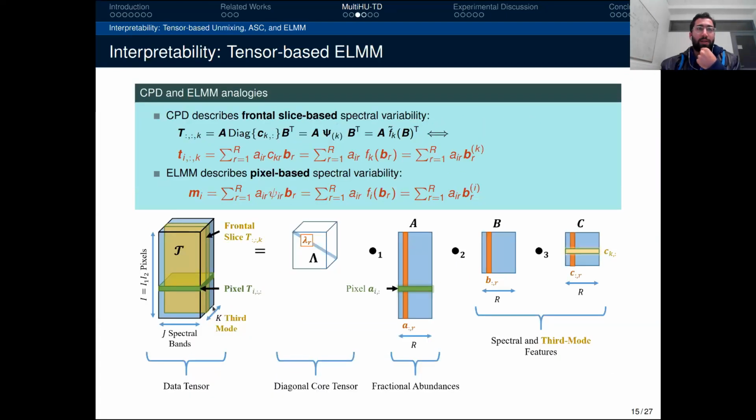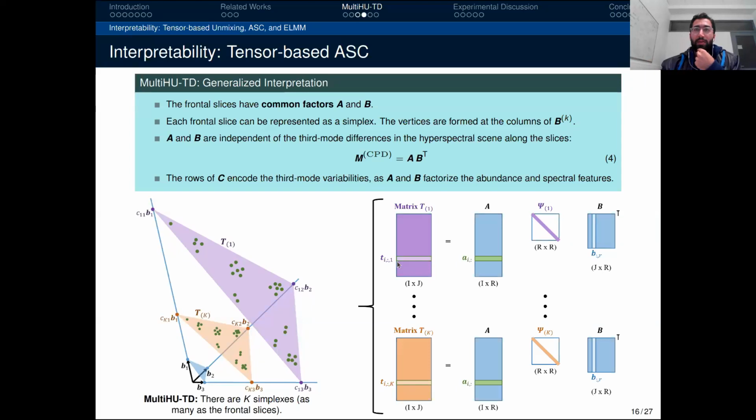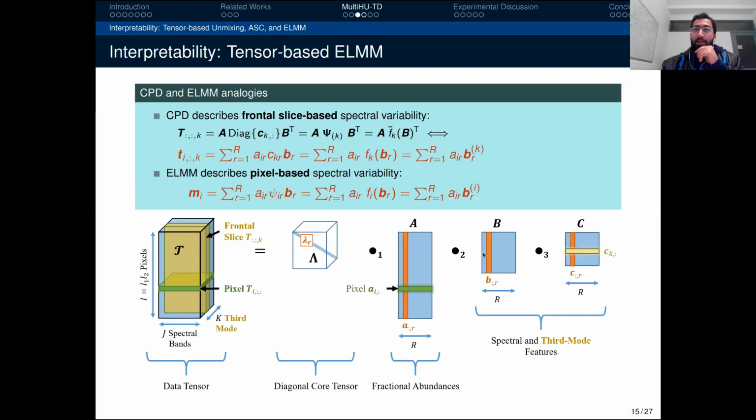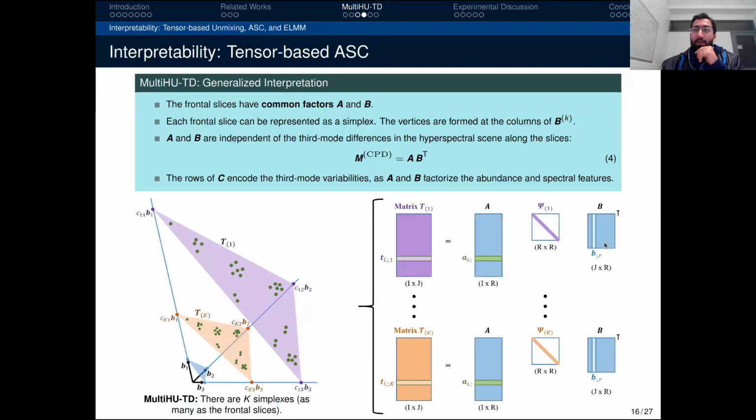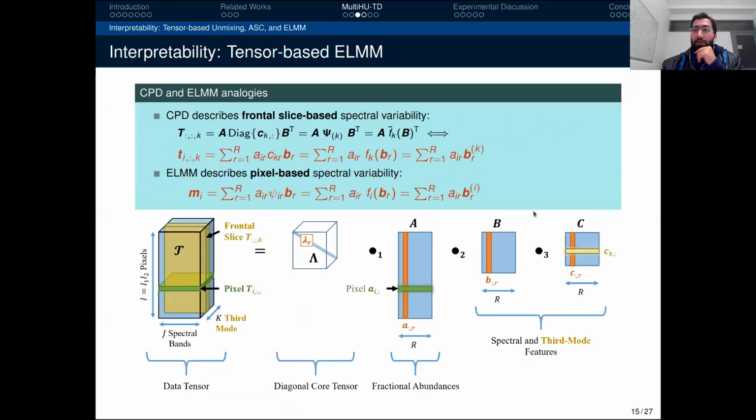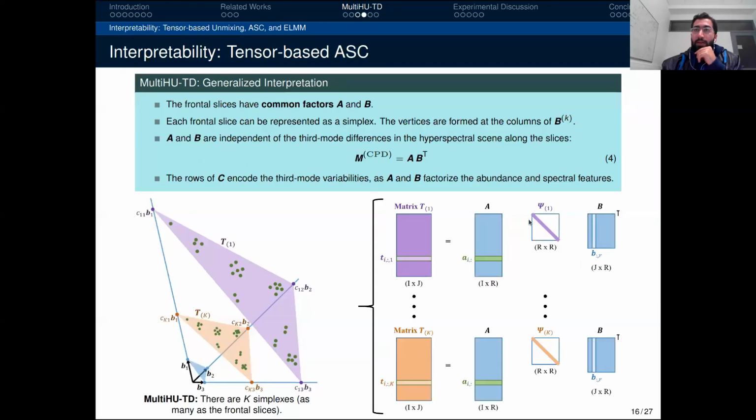Each one of these frontal slices is now a matrix, and each frontal slice has A and B as common matrices. And the psi here is this diag of c_k. So each row of C is this diagonal matrix here from 1 to K. And so what we see is that the frontal slices have common factors A and B.